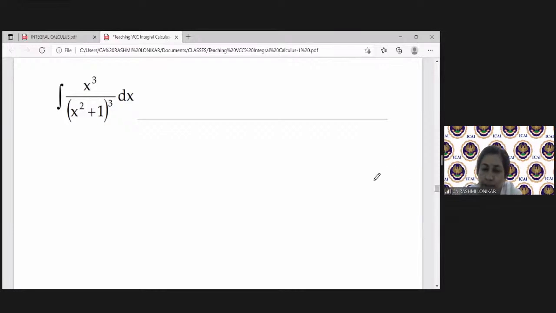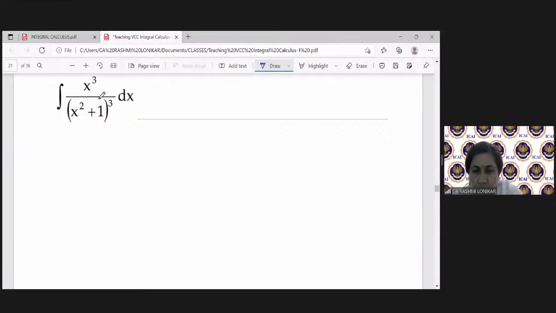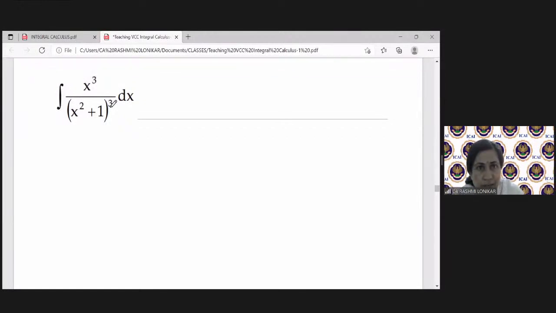Now here, I would like to simplify. In the denominator it is x square plus 1 whole cube. When I expand this, the power in the denominator is more than the power in the numerator, so I will not be able to do actual division. That is why I am using the method of substitution. Many of you ask, how do I know? Just see whether expansion is easy, then do the expansion.